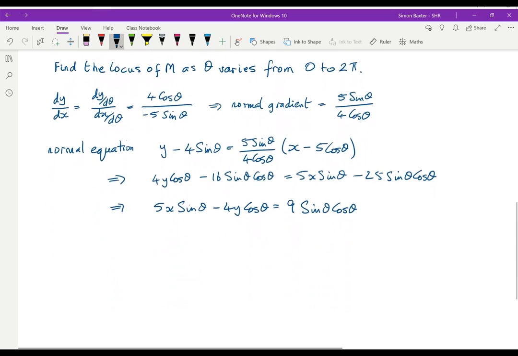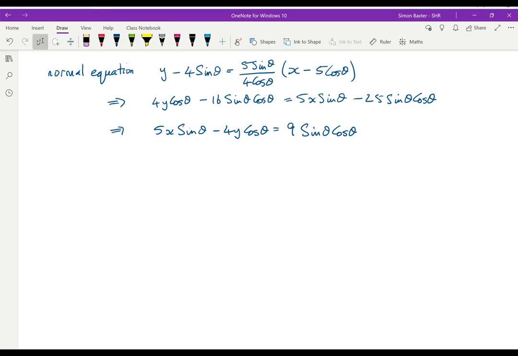We're now looking for the points A and B. Well, at A, that is the point on the x-axis, y is equal to 0. Therefore, x is equal to, sine theta cancels, 9 cos theta over 5. And so A is the point 9 cos theta over 5, 0.